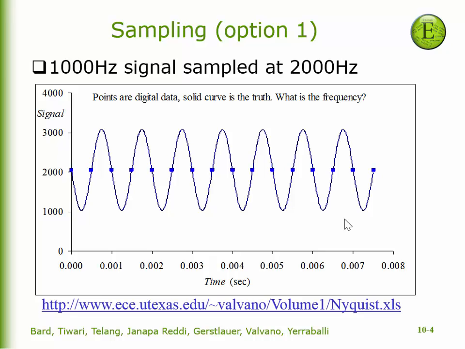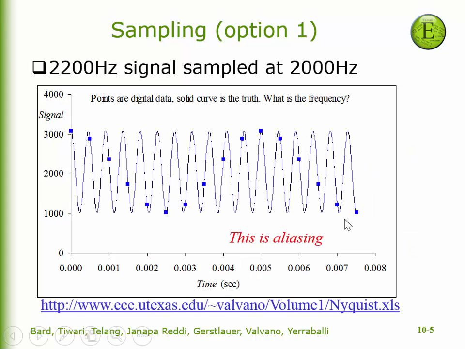You got a nice DC level right there. So in other words, you don't get anything. So as soon as you sample at twice, this is a 1,000 hertz signal. So you have to sample it more often than that. So you've got 1,000 hertz sampled at 2 kilohertz, and you've lost all the information.